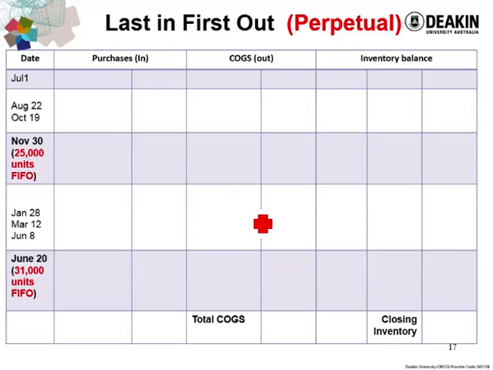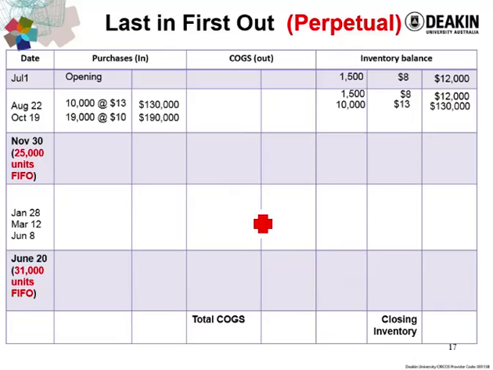So, at 1st July, we begin with 1,500 units at $8 each, and the total opening inventory balance is the same, $12,000. On 22nd August, we purchased 10,000 units at $13 each, and on 19th October, we purchased 19,000 units at $10 each.